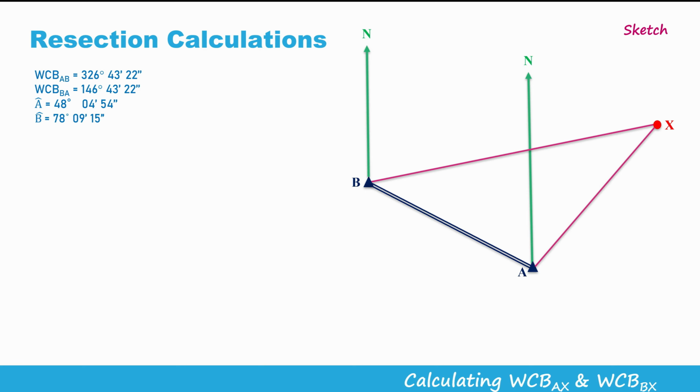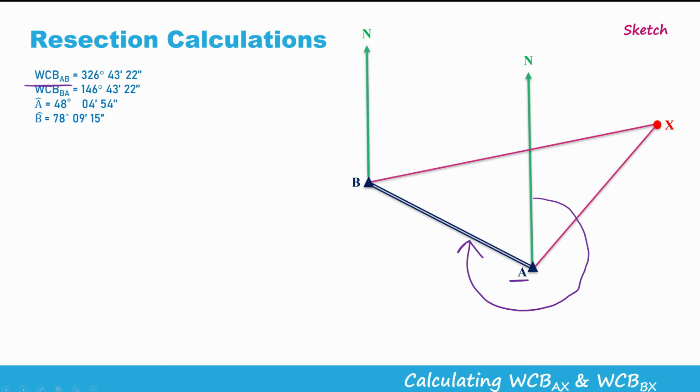As you know, the whole circle bearing is an angle from north clockwise towards the measured side. So the whole circle bearing of AB, for example, to draw it here, as long as I started with letter A, that means I'm over A. So it's an angle from north clockwise towards line AB. This is the whole circle bearing of AB.